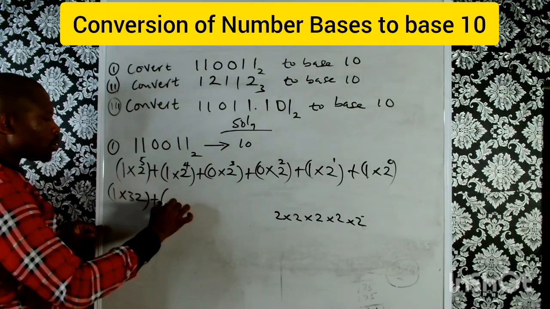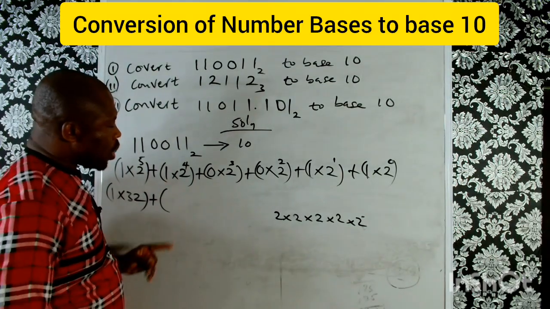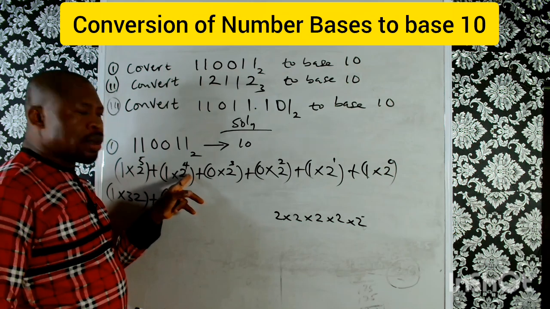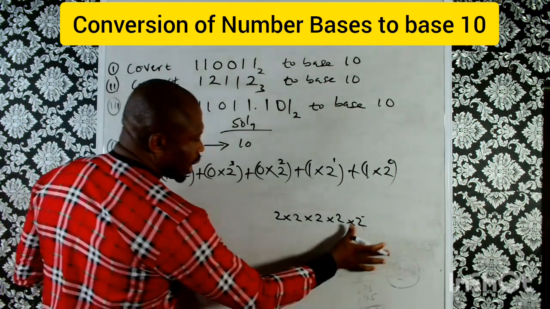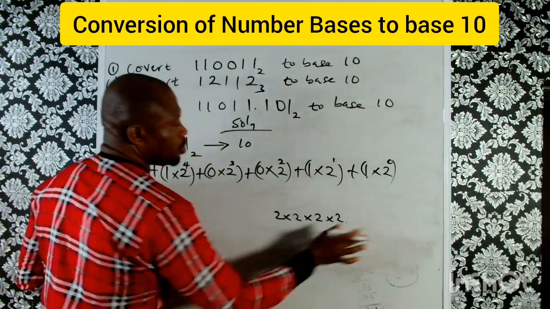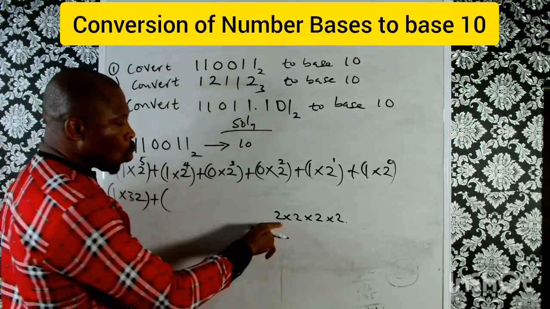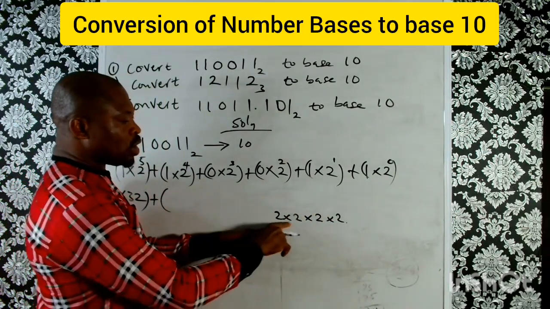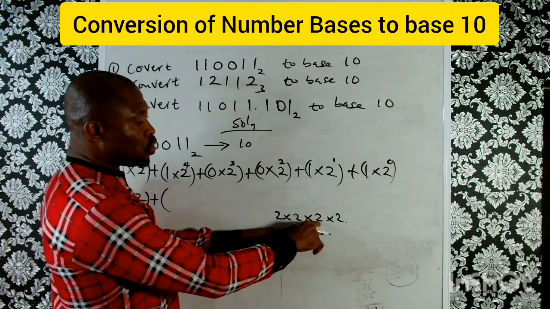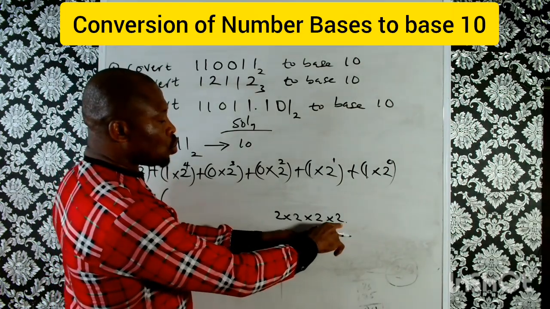Plus, now this one, we are going to multiply 2 into 4 places. And of course, there are 5 there, so I'm going to multiply it into 4: 1, 2, 3, 4. That means 2 times 2, 4, times 2, 8, times 2, 16.